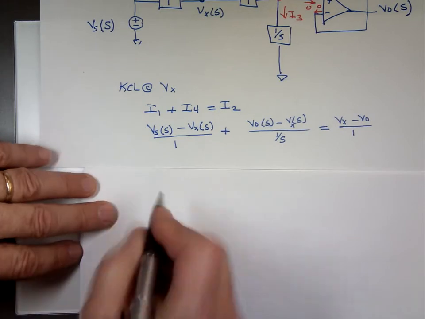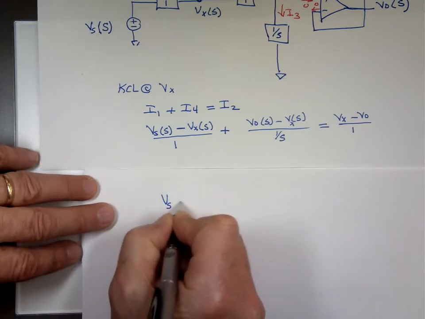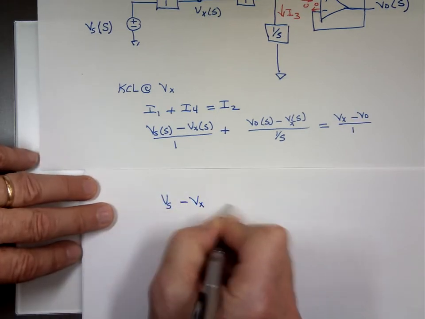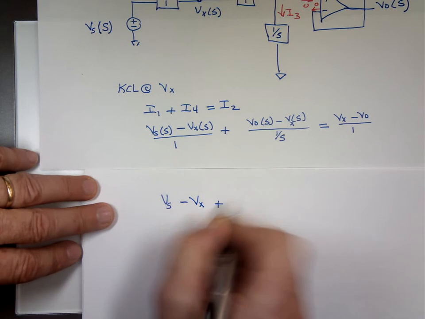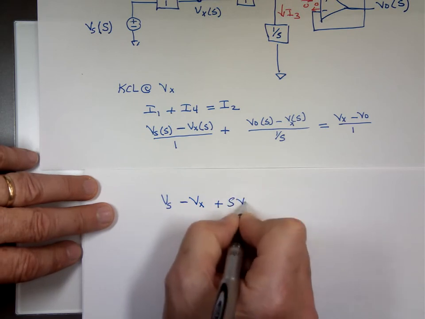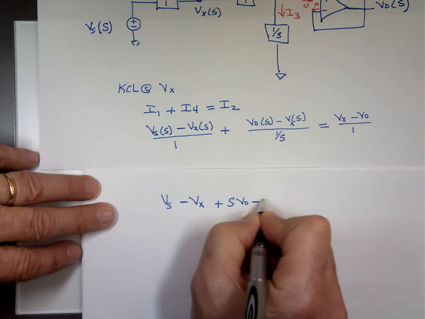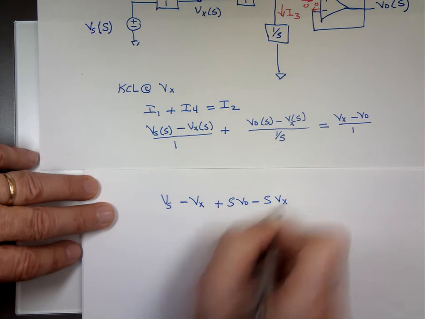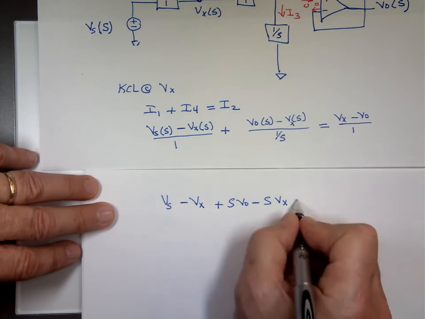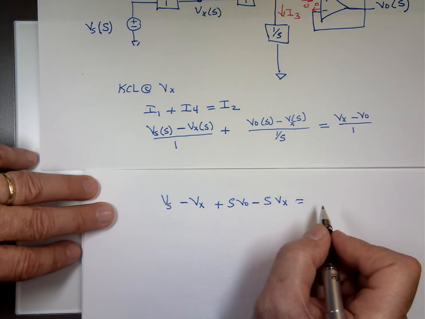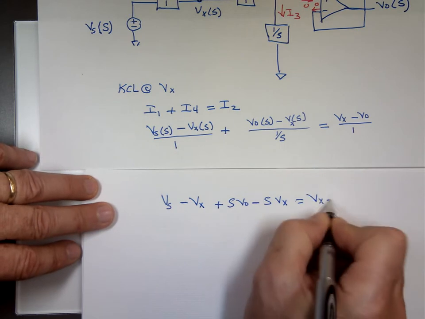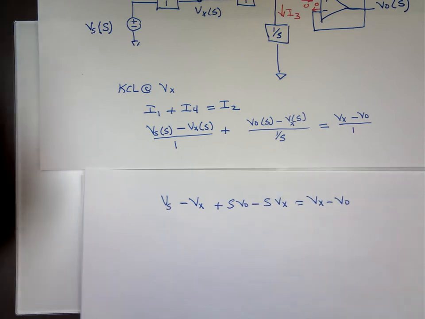So Vs minus Vx, this will be plus S V out minus S Vx equals Vx minus V out. And we're trying to solve for V out.